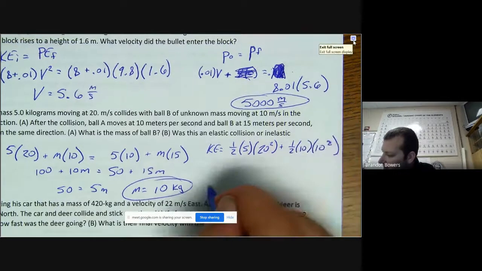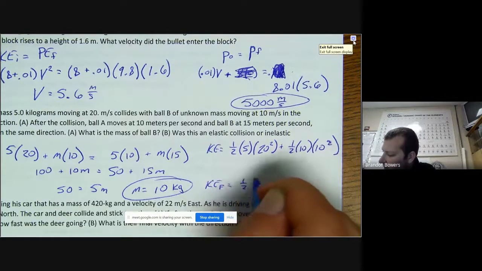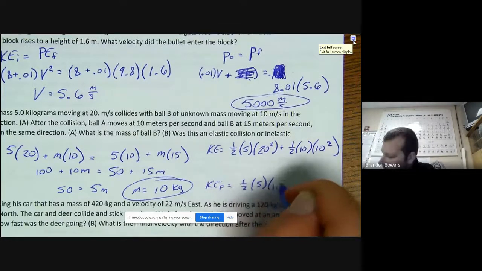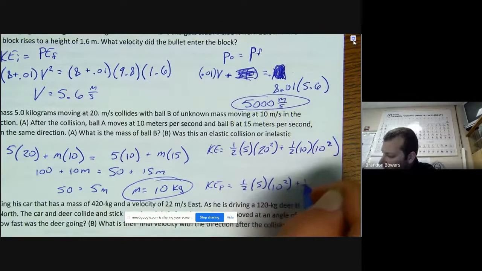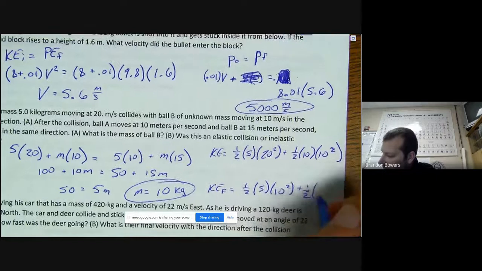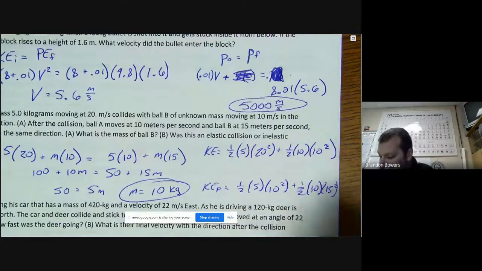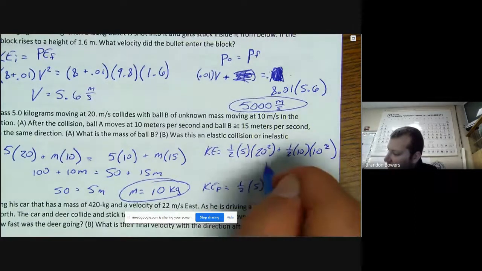To do the same thing, kinetic energy final is 1/2, 5 times 10 squared, plus 1/2, 10, 15 squared.